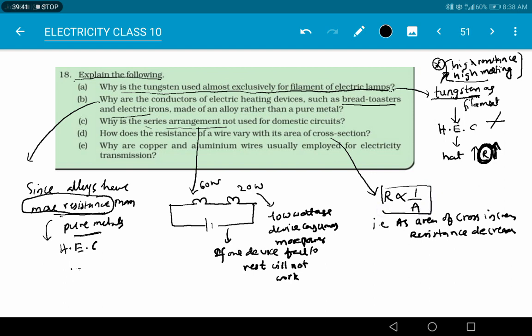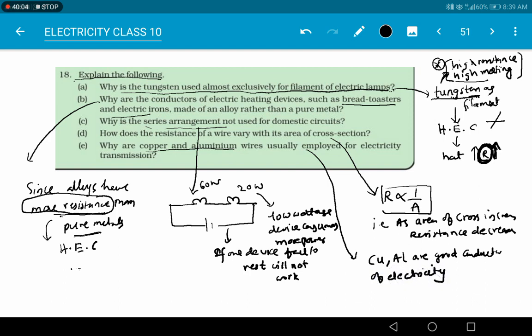And the last one: why are copper and aluminum wires employed for electrical transmission? So simply, copper and aluminum are good conductors of electricity.